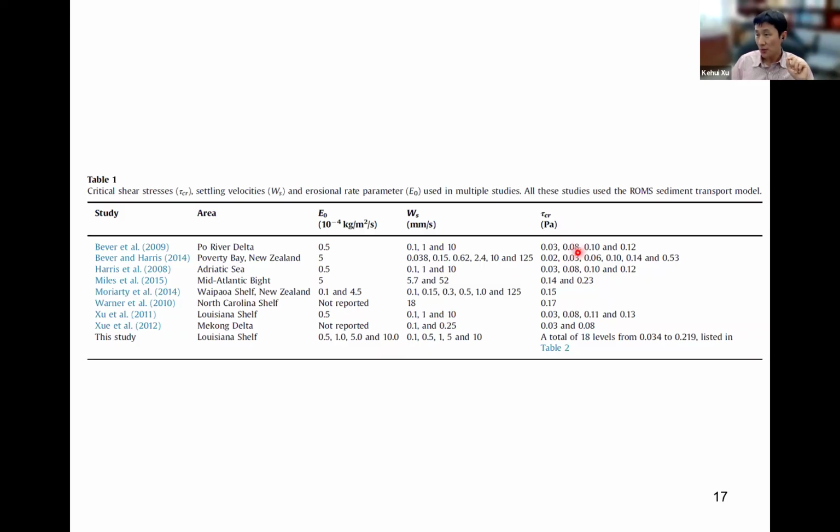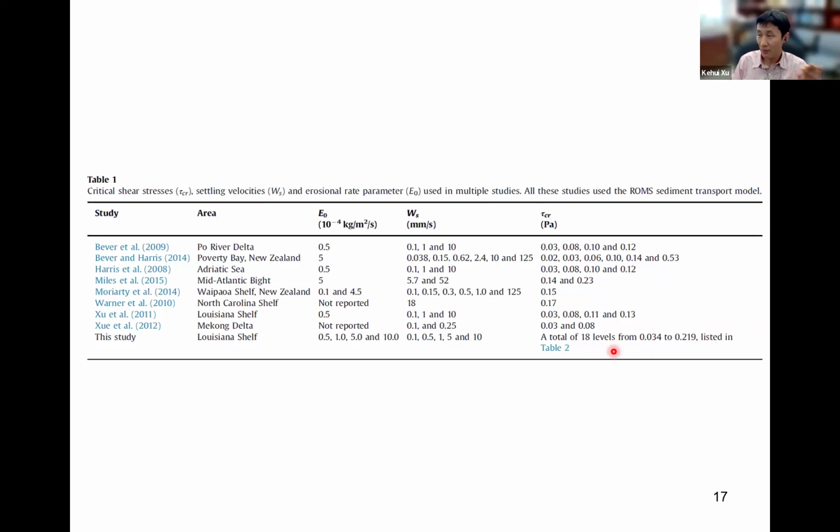Critical shear stress, going from 0.02 to 0.53. And then the high number here is almost 25 times the low number. Okay, a big range we are dealing with. And in my modeling effort for those 2 hurricanes, we had to use many, many different levels. We tried to test the critical shear stress from low to high, and then I made lots of effort.